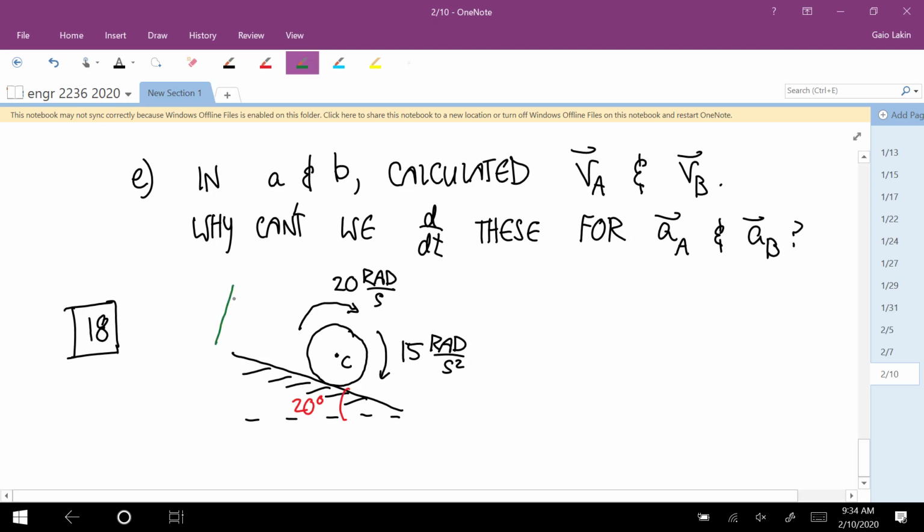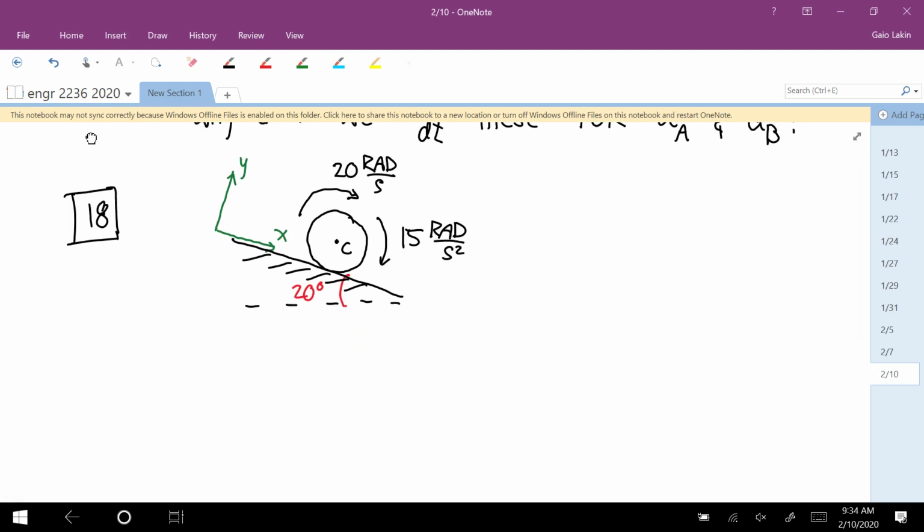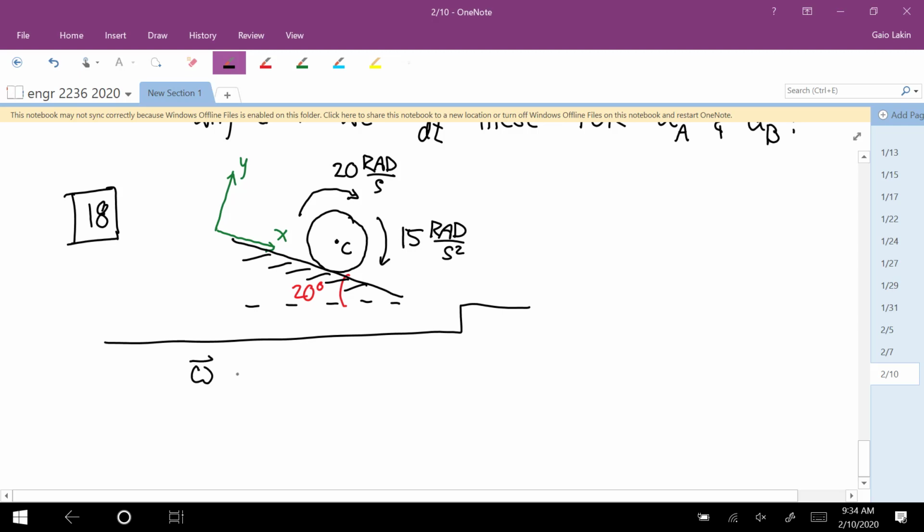And all you have to do for this one is choose a coordinate system with the y-axis going straight out of the incline. This is y, this is x, okay? If you choose that coordinate system, then your omega is just equal to 0, 0, negative 20, and your alpha is equal to 0, 0, negative 15. Those are just from the right-hand rule.